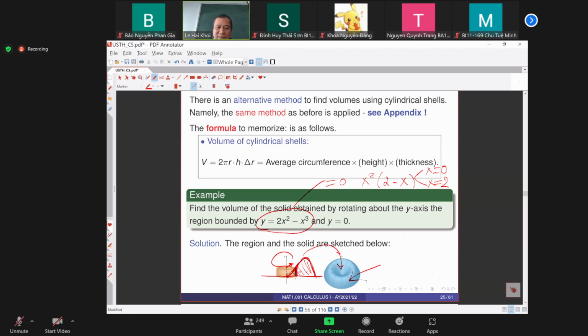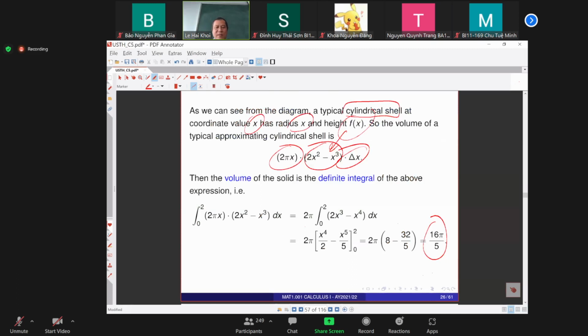It is the h. At each x, this h is the value of the function 2x squared minus x cubed at x, which means that you get that height. Then the thickness is different, right? Between delta R1 and R2. Yes, you have this. Okay.